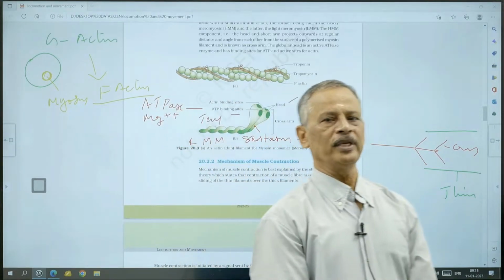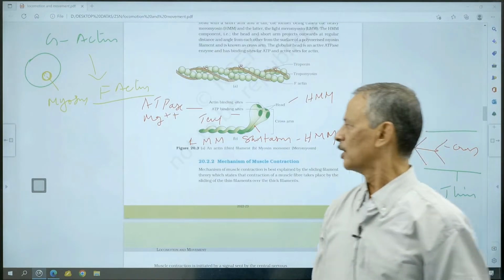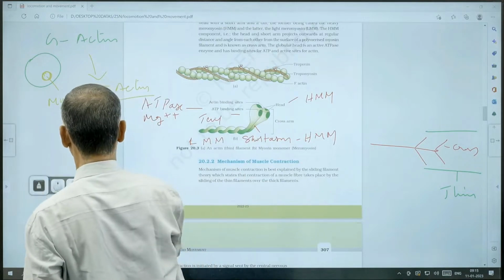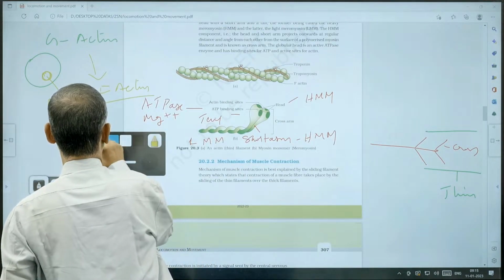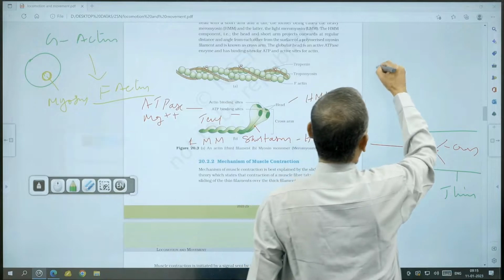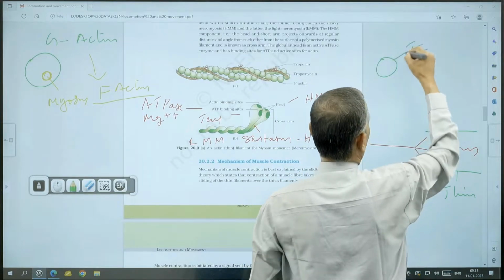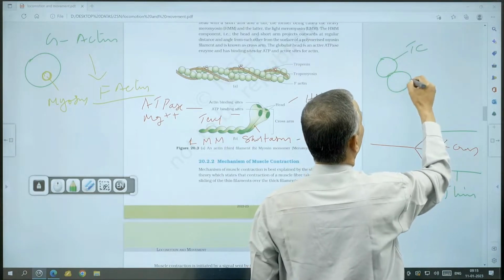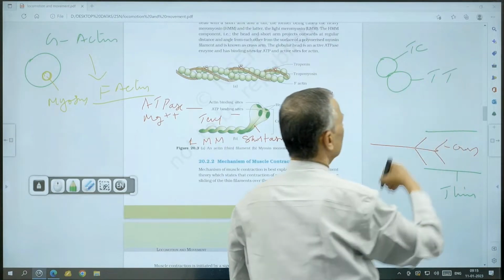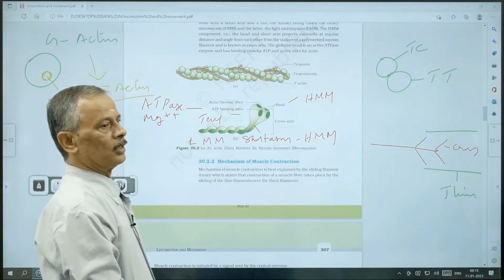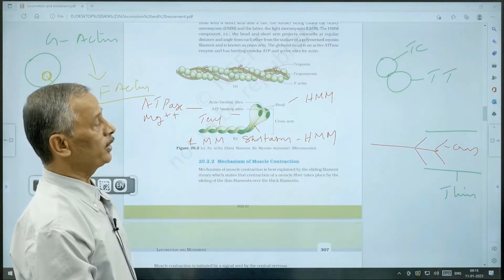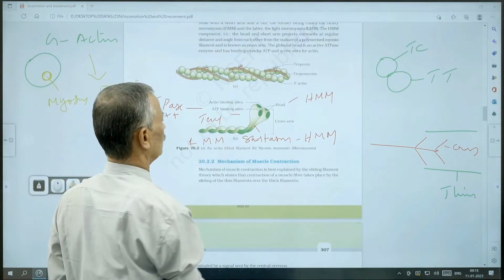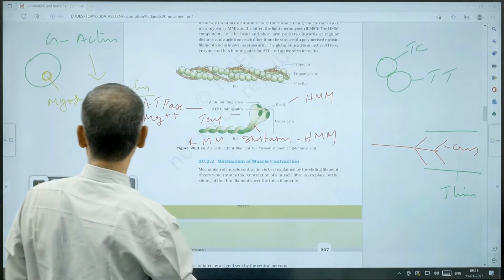Troponin is a trimer, meaning it has three subunits. The first is TC; to this, calcium will come and attach. The second is TT. By this unit, troponin and tropomyosin are connected together. You can see the troponin and tropomyosin connecting together.